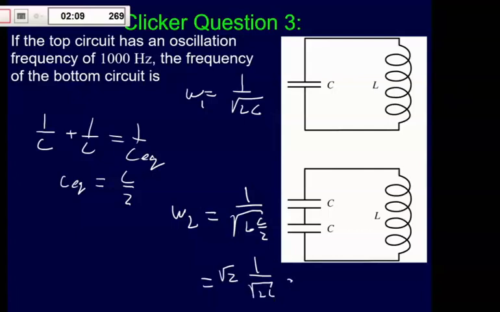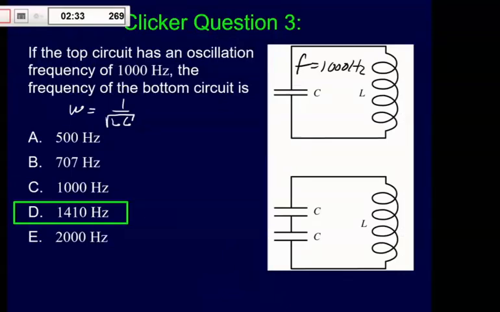Another way to say that is it will be radical 2 times my initial omega. Omega and f are off by a factor of 2 pi, but I don't really care about that because I'm asking about how they relate to each other. So basically, the second one will be radical 2 times the first one. If you take radical 2 times the first one, you get this answer of 1400 hertz.